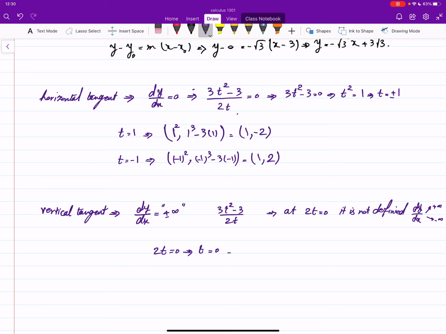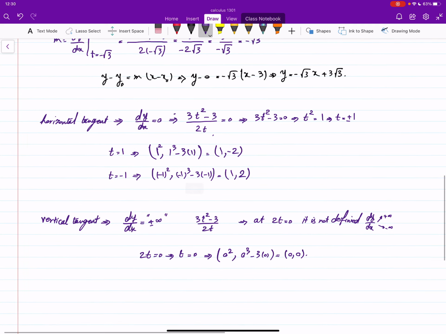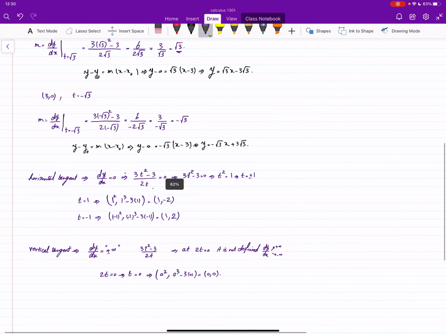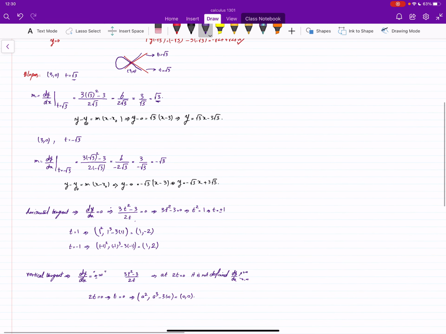So if you plug in t equal to 0, this is 0 squared, and 0 cubed minus 3 times 0. This is 0 and 0. Well, having all this information, maybe I can now try to sketch the graph and see whether what I had before makes sense or not.